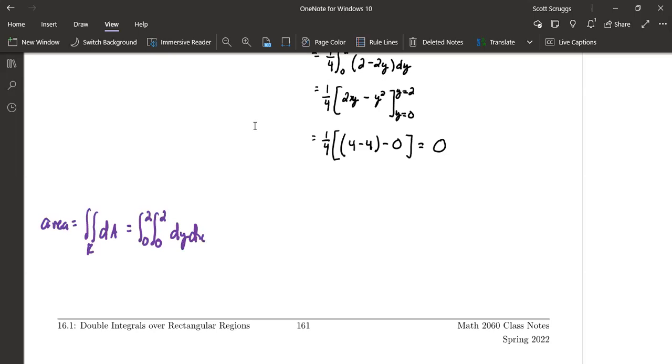Okay, so I integrate with y first. Doing that, I will get the integral from 0 to 2. And the antiderivative of a constant will be the variable. And because I integrated with y first, that will be y, where I evaluate y from 0 to 2.